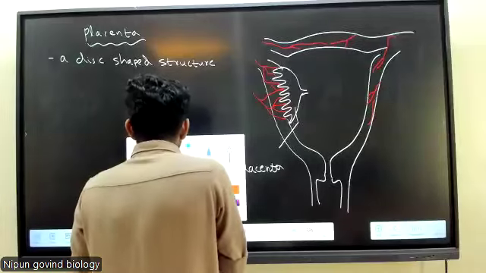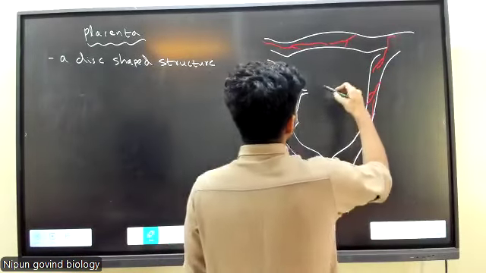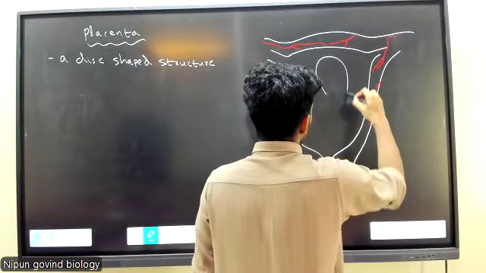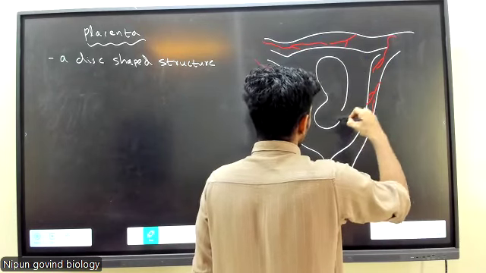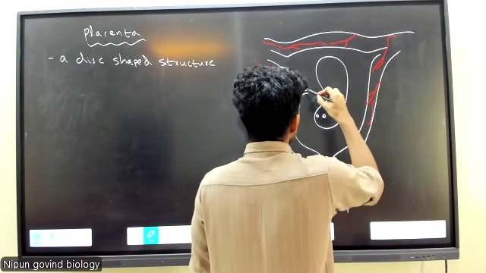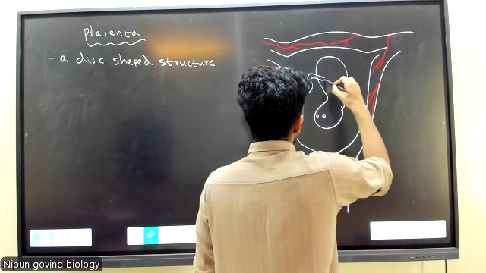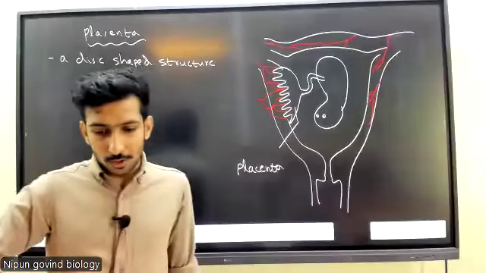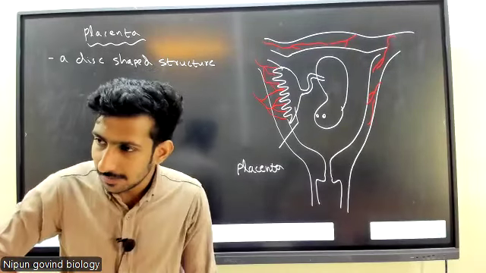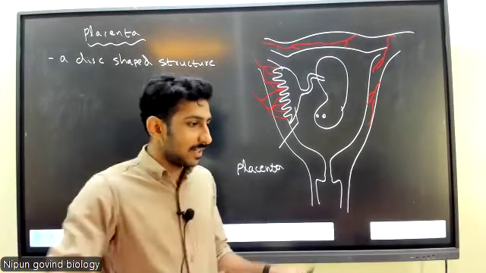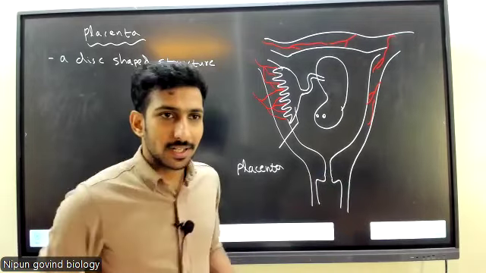And guys, listen. The baby, the fetus, will be here. This is the body of the fetus. This is the head of the fetus, and there will be a tube called the umbilical cord. That umbilical cord will be connected to the belly button. During delivery, that will be removed, isn't it?